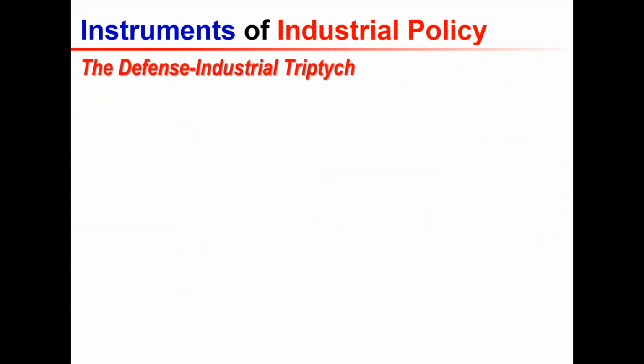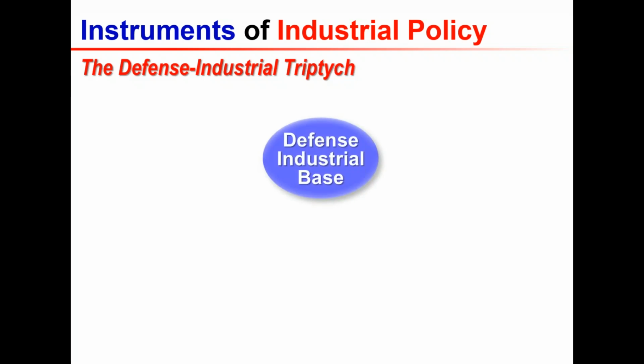And so that's why I gave you this chapter or this introduction to read, somewhere on Blackboard, from this book called The Defence Industrial Triptych. It's spelled DEFENCE because it's, of course, by British authors, right? But the most valuable thing from that reading is understanding how government relates to the defense industrial base.